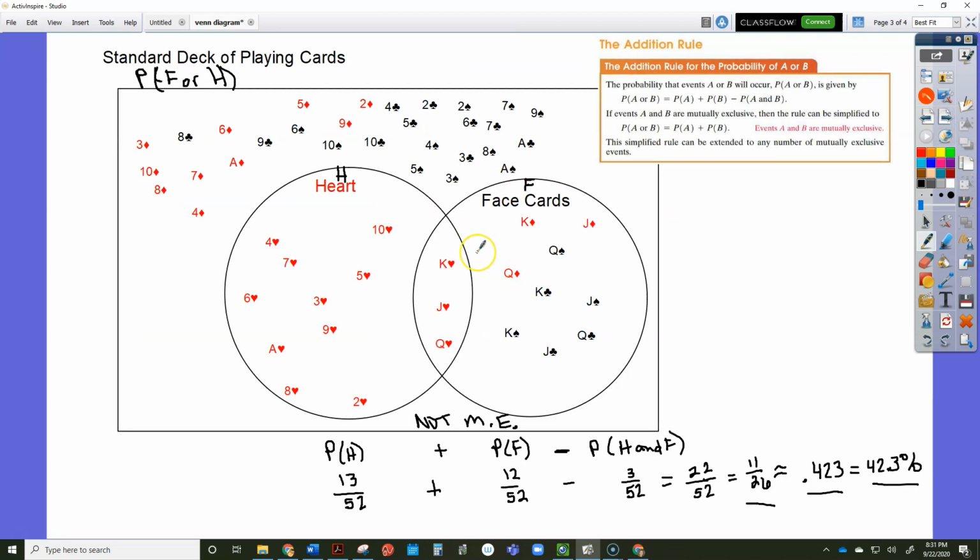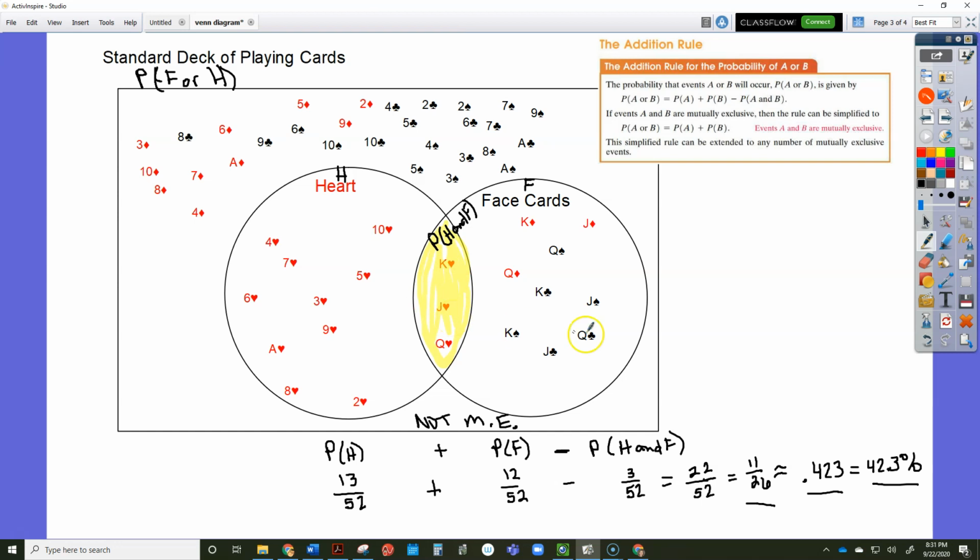So just understand that this shared space right here, let me highlight it, is always the probability of these two with the and, hearts and face card. This is the and right here.